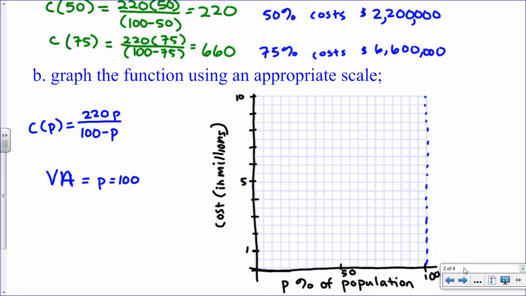If I have 0%, I have $0. Okay, if I had 25%, it was 73,325. Okay, 50% was 2.2. 75% was 6.6.